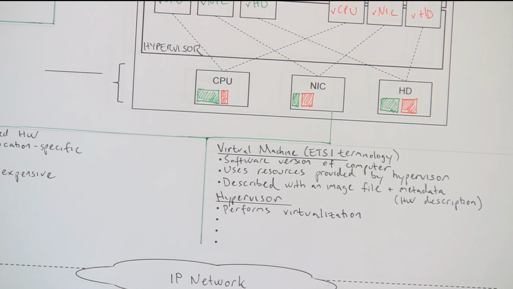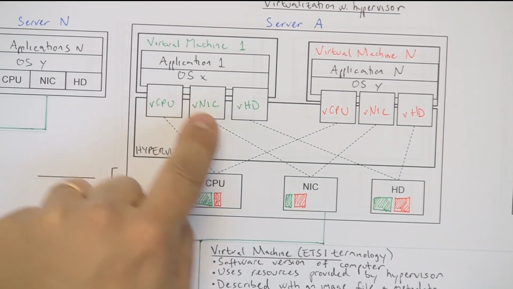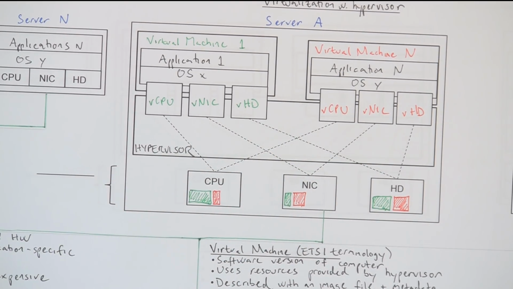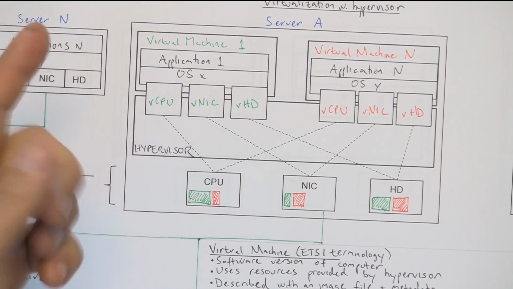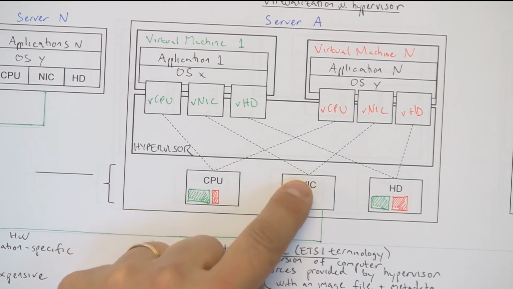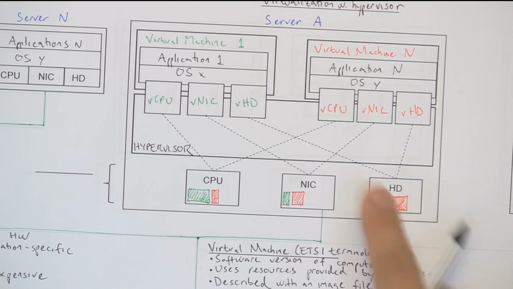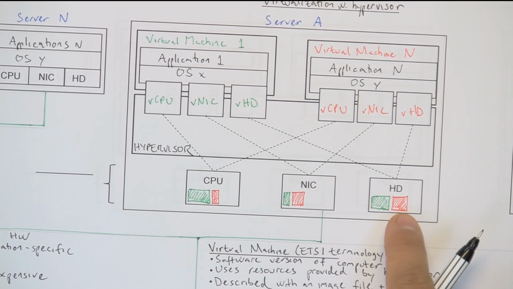It provides access and control of the hardware to each VM. I mean, that's these dashed lines here, right? It provides access to the CPU and control. So it can control things. It can send things out through the network card. It can store things on the hard drive. So it controls its part of these resources. I mean, the green machine only controls the green part. It's not allowed to do anything in the red part naturally.